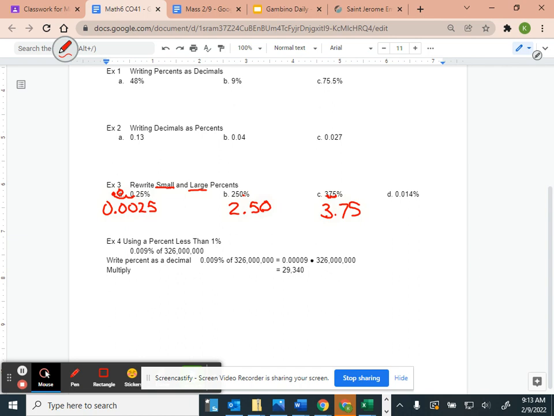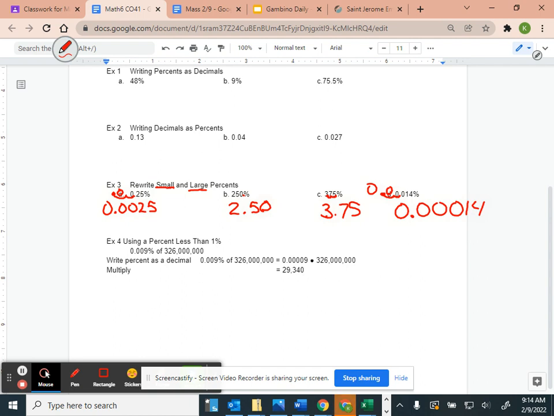0.014%. Ria. 0 point. Like that? Let's check and see. I'm going to move that decimal place over. I'm going to put a 0 into my empty place, a 0 on this side.